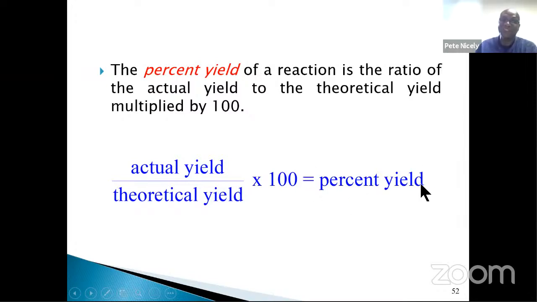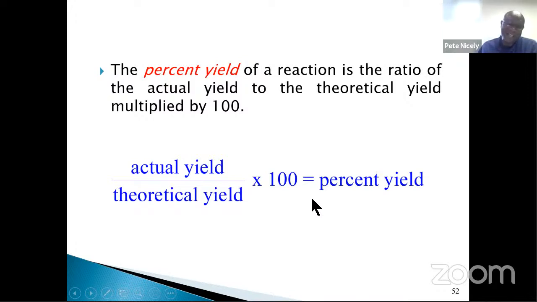This is very often used as a measure of the success of the reaction. What you'll find in practice is that if you're doing a reaction and you get somewhere about 80% or above, you're doing pretty good because most reactions are not that successful in terms of the percent yield.